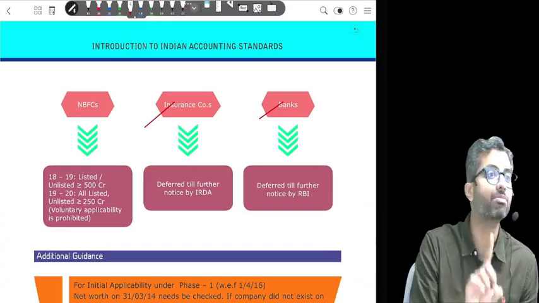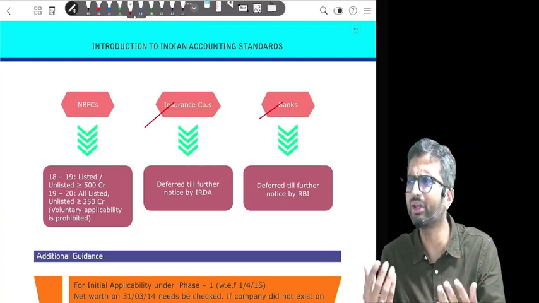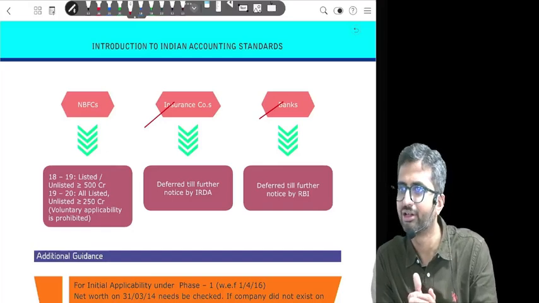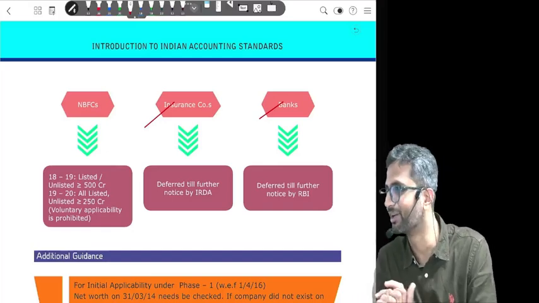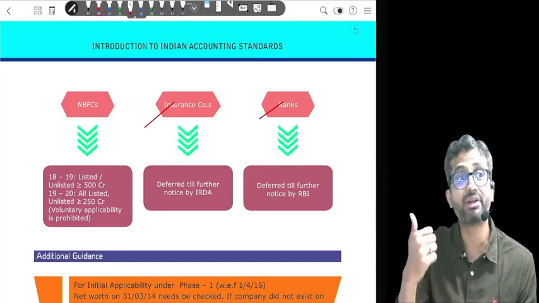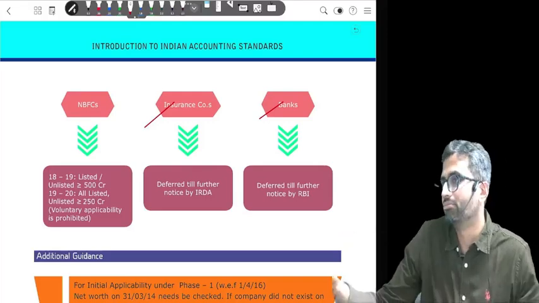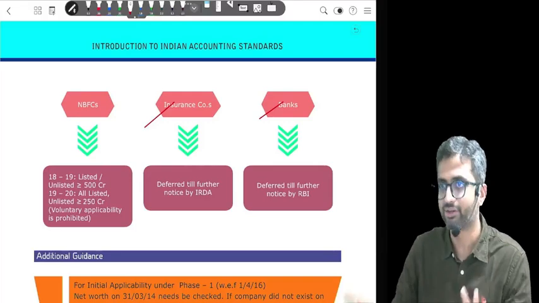However, for NBFCs, you understand the difference between a bank and an NBFC? What is the difference? Over here, you have banks. In banks, you can have a demand deposit called a saving or current account. You can write a cheque. In an NBFC, you cannot write a cheque.